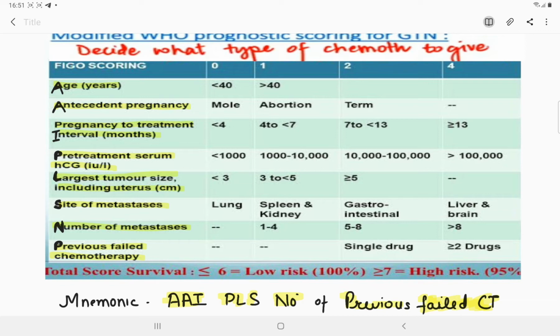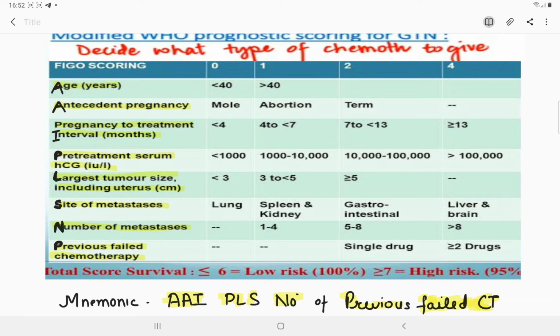A stands for age in years, A stands for antecedent pregnancy, I stands for interval between the pregnancy to treatment, P stands for pre-treatment serum HCG level, L stands for largest tumor size including uterus in centimeters, S stands for site of metastasis and number of METs, and P is for previous failed chemotherapy. So this makes our mnemonic I, that is AAI, PLS, number of previous failed chemotherapy.